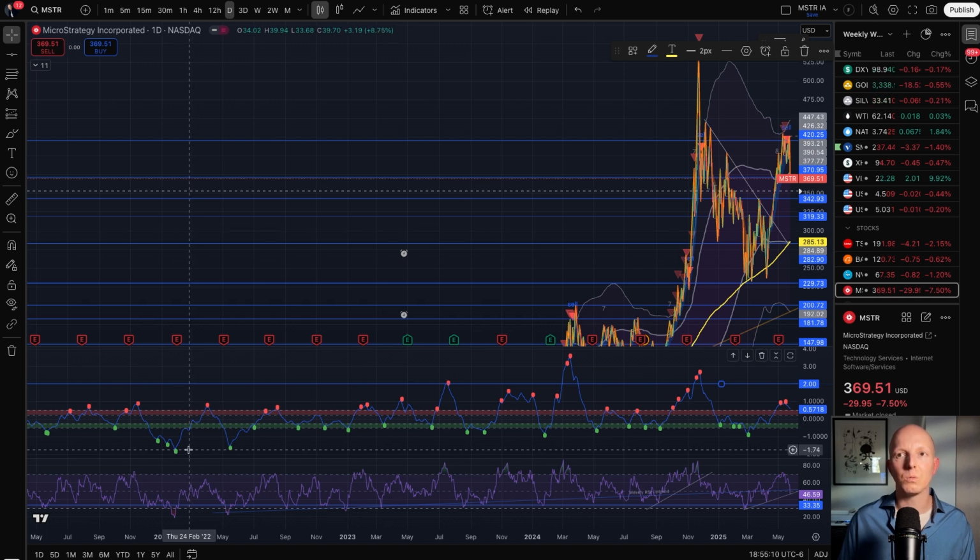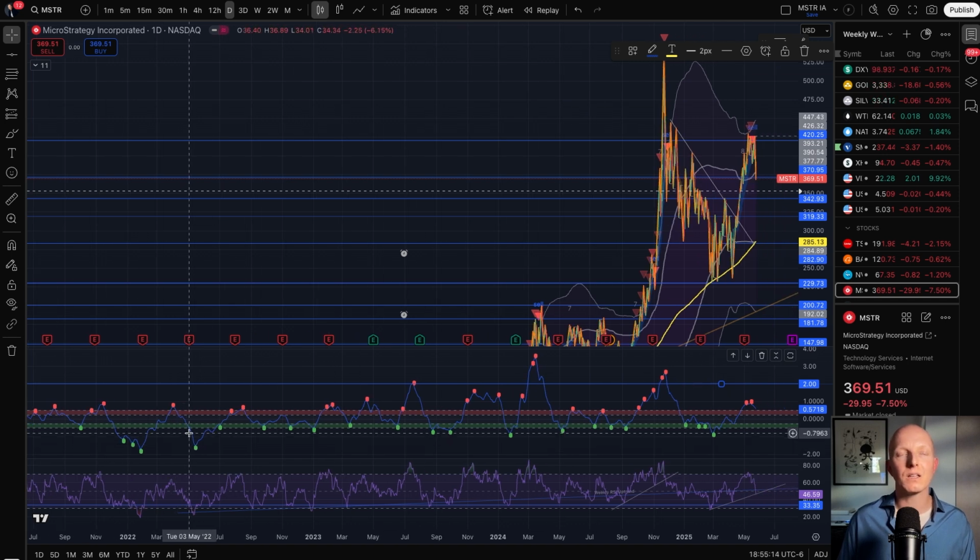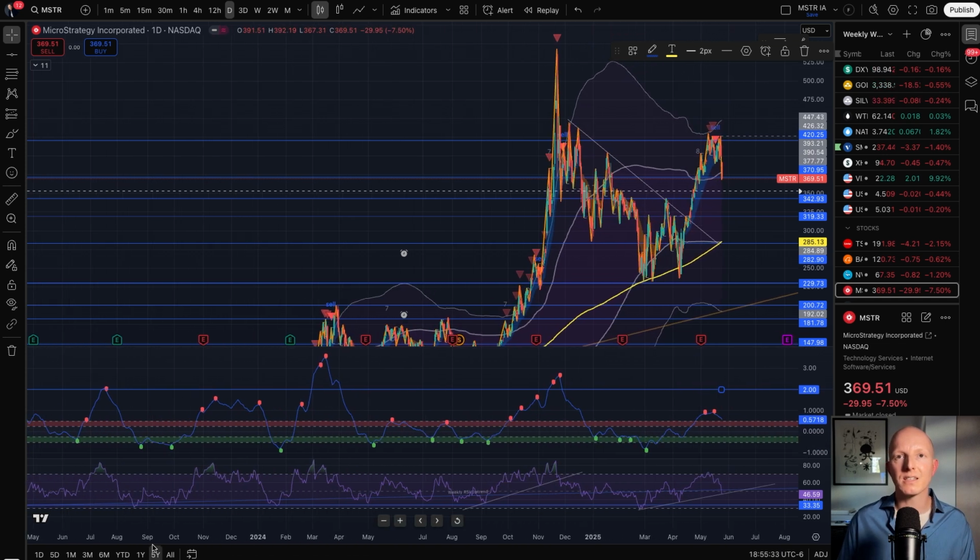We got to 1.74-ish. So if you're looking at doing this more regularly, you would want to identify a zone, and right around here at -0.7, you can see a lot of levels are hitting that on the more extreme sells. So maybe that's your downside target on MicroStrategy. But again, look at your chart and just do this for yourself on each asset you're trading.